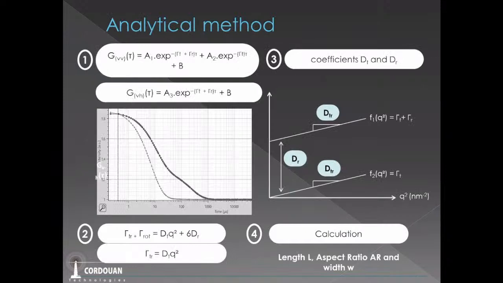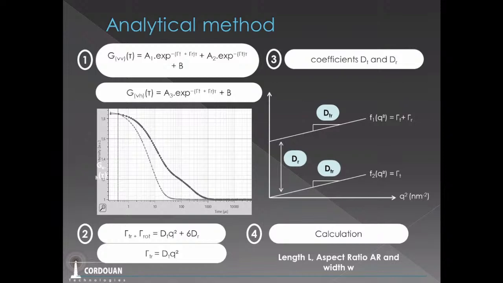So first thing, this is an experiment that we have done. Okay, you can see that on VV you have 2 relaxations, so 1 exponential decay plus another exponential decay. This exponential decay is linked to this value, and the other here is linked to this value. Okay, so the idea is the following.